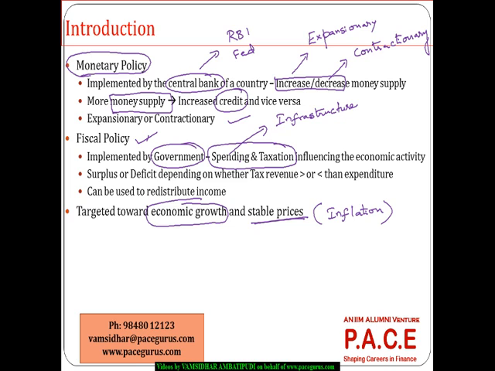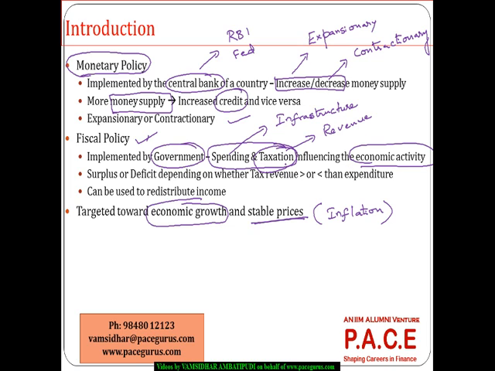So the different spendings of the government, and taxation. Taxation is like a revenue to the government, right? How well the government is able to structure its spending and taxation to influence the economic growth, that is what we call a fiscal policy.